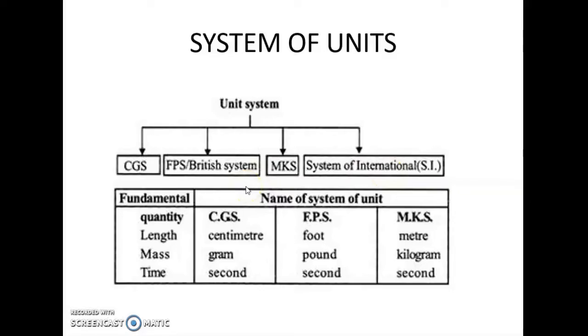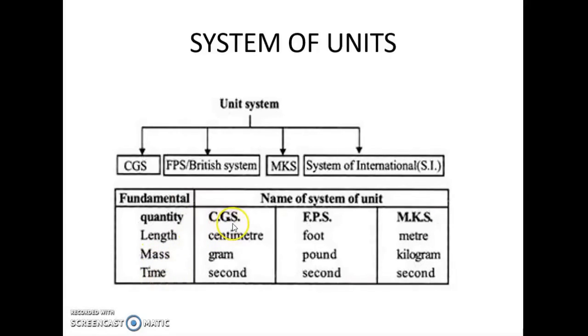These different systems of unit are most commonly used in science and engineering. The difference among them arises out of the differences in unit used to represent the fundamental quantities. The various fundamental quantities are length, mass, and time.